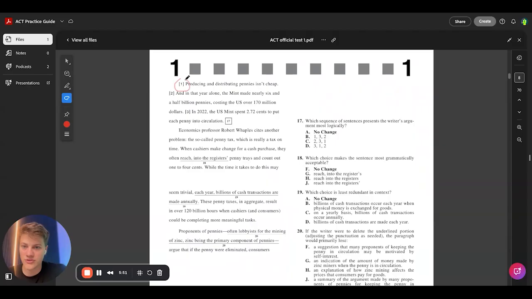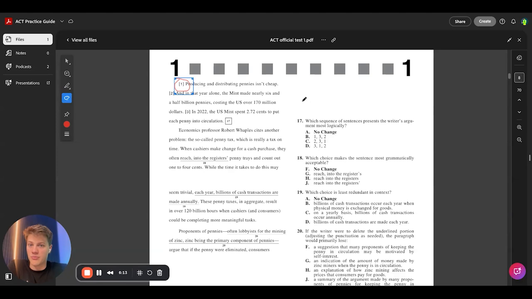Now, one thing to note, whenever you see numbers or letters in brackets, you really want to pay attention to that because a question like number 17 is coming up. So that means that we're going to be asked where to place something or which order we should put sentences in. "Producing and distributing pennies isn't cheap."